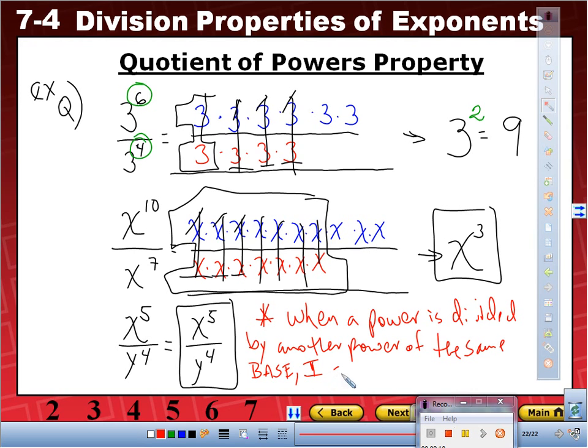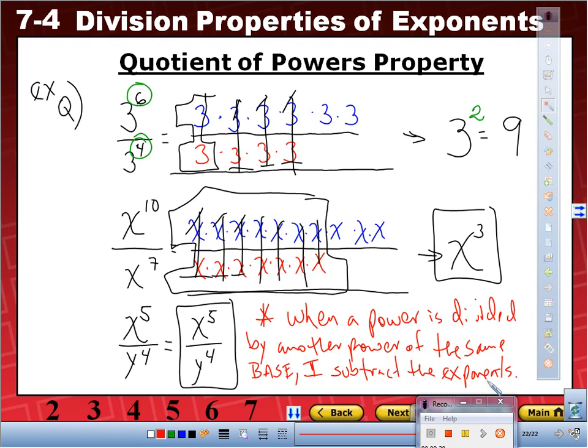Subtract the exponent. When a power is divided by another power of the same base, I subtract the exponent.